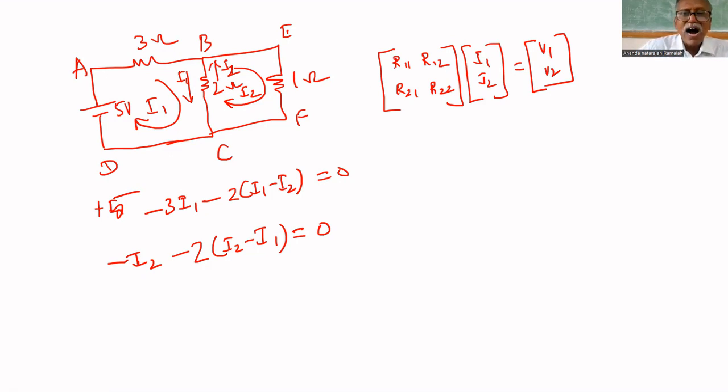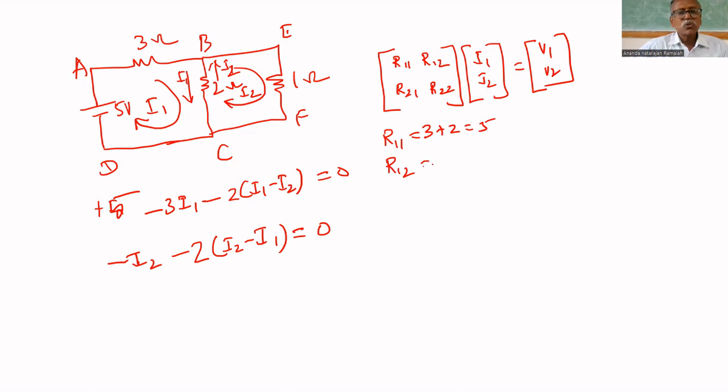Here, R11 means the first loop. What are the elements in the first loop? R11 equal to 3 plus 2 equal to 5. Therefore, R11 equal to 5.